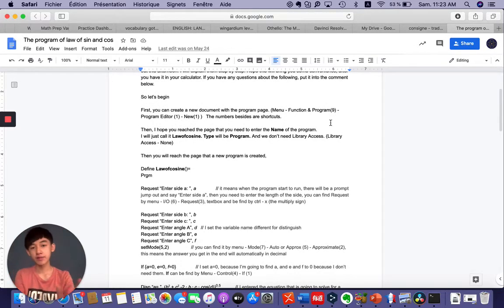I put this document here so you can also read it, and I will link this in my description. First, you need to go to menu, function, and program editor, and press new to create a new program.